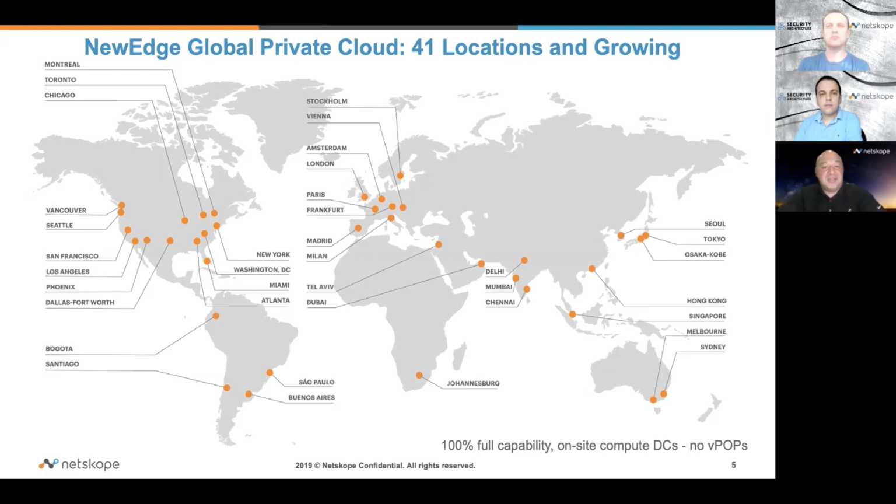All of our data centers that you see on this map here, 41 and growing, are bare metal data centers where our racks are hosted in carrier-neutral facilities, where we bring various providers in and optimize connectivity and peering with various providers to make sure the user's traffic is fully optimized from first mile to the last mile.